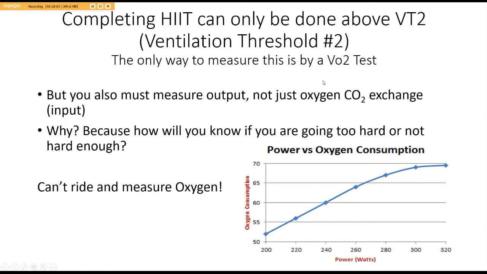So the VO2 test enables us to not only look at oxygen consumption, but the power output equivalent, meaning we can then prescribe to the individual, go out on your bike, ride for 5 minutes at a time at 270 watts in this instance, or 2 minutes at 300 watts, knowing that if we go above this point here, there is no further increase in oxygen consumption, and if we're below this point about here, then we're training at a threshold intensity between VT2 and VT1.